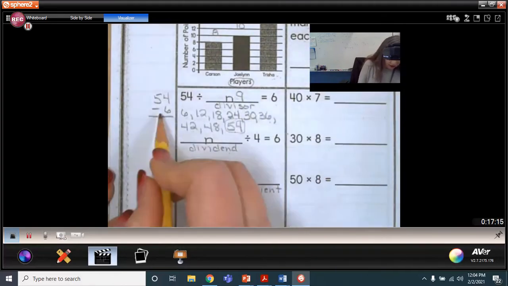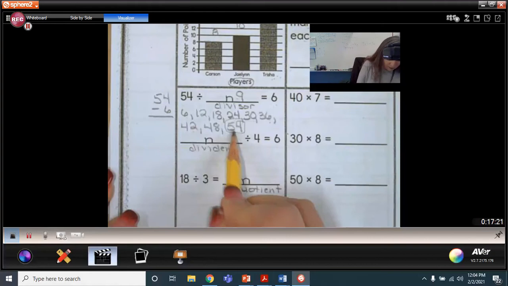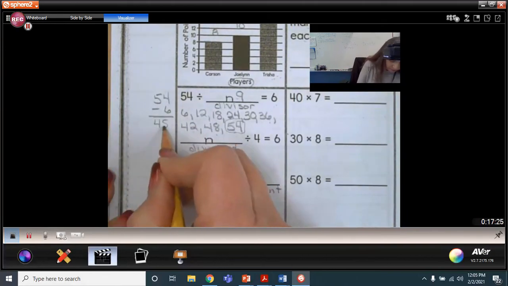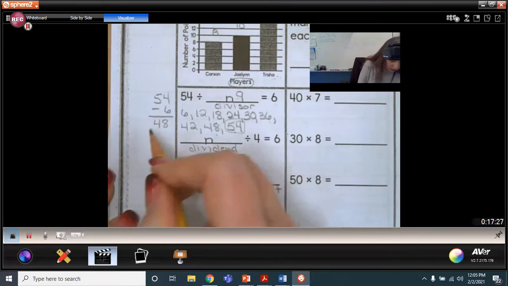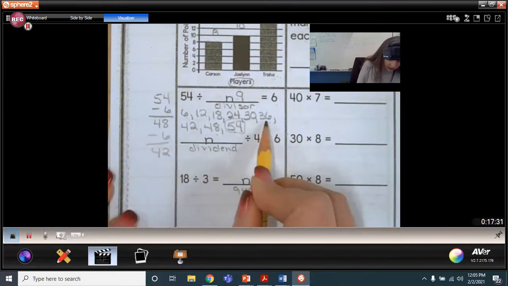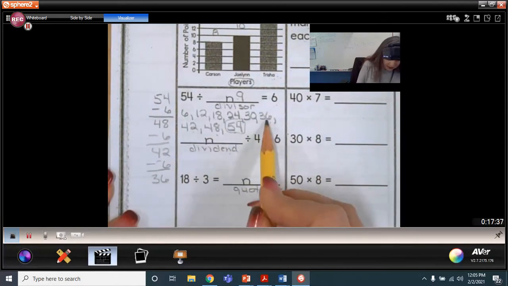Now I could also do the same thing here, but what you'll notice is when I'm subtracting 6, I'm starting with 54 and I'm going to subtract 6 and that's going to give me 48. Subtract 6 more. That's going to give me 42. Subtract 6 more. Now I'm going to be at 36. Subtract 6 more.